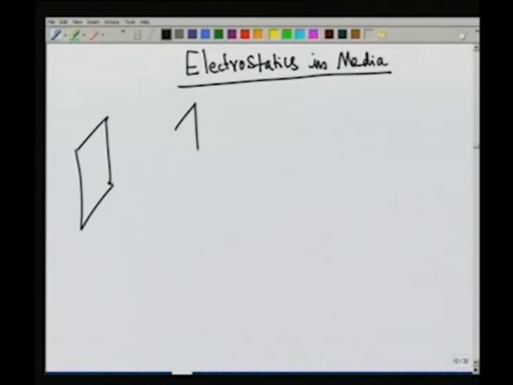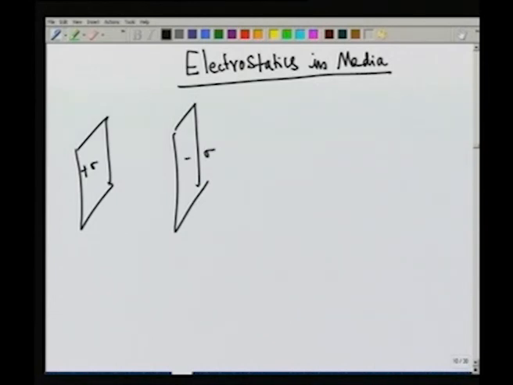So what am I trying to say? Now my purpose is more ambitious. I am not interested in the Coulomb law anymore only in free space. I am also interested in Coulomb law in a medium. So imagine that I have a parallel plate capacitor. So I have two plates. This carries a surface charge density sigma.